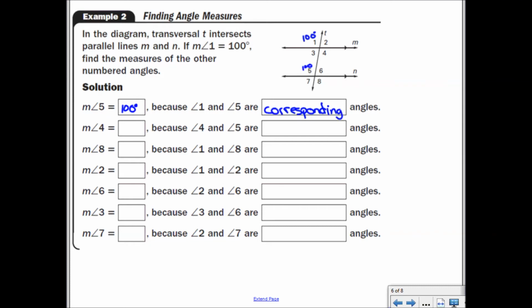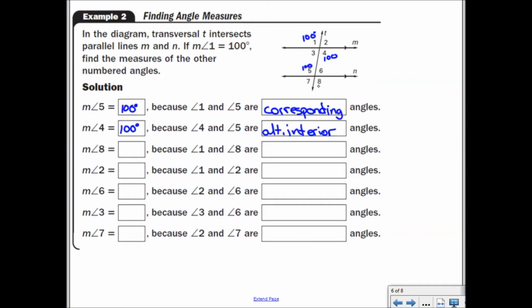The measure of angle 4 is also 100 degrees because angle 4 and angle 5 are alternate interior angles.